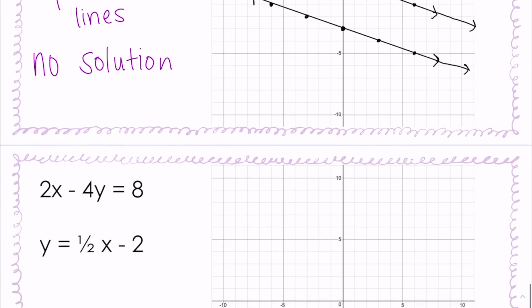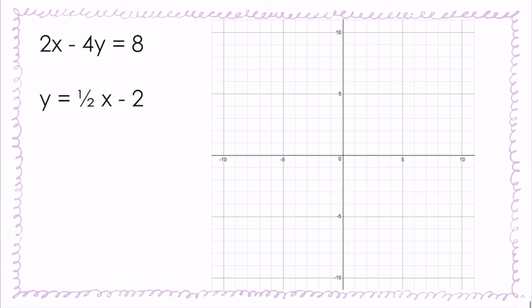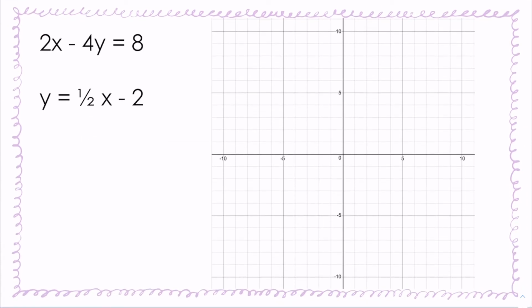Okay, let's look at our last example. So that first one, can we graph that right now? No, we need it to be in slope-intercept form. To get it in slope-intercept form, we need to solve for y. So we're going to subtract 2x from both sides. 2x minus 2x gives us 0.